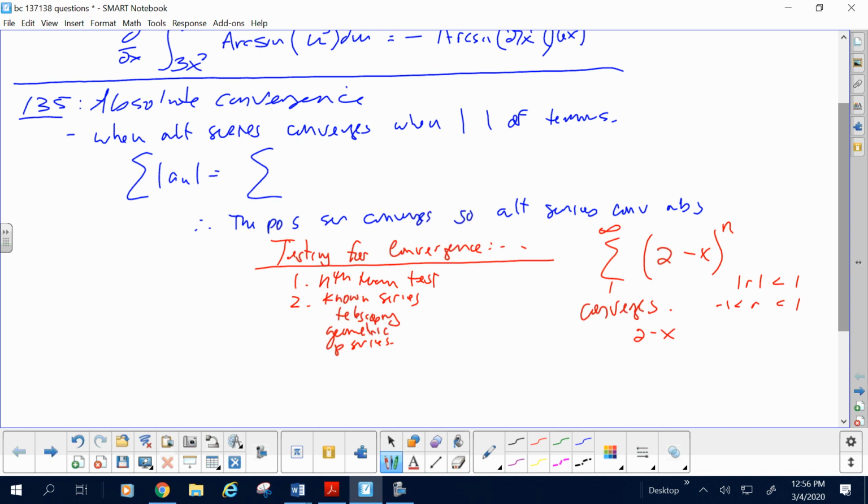Okay, so subtract 2, -3 is less than -x is less than -1, yeah? And so x is, now this is actually about to be bad math, what I'm about to write there.